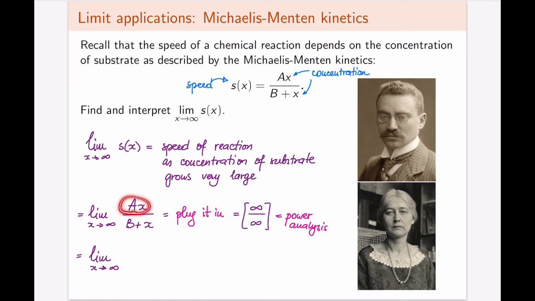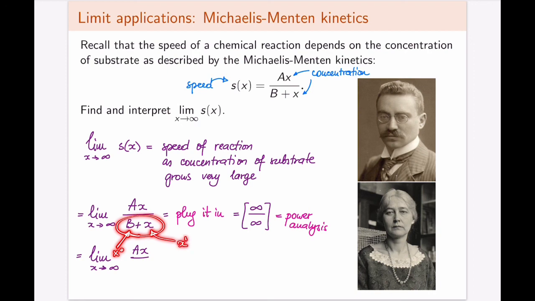On top, remember, with Hill functions, we don't have a choice. ax is the only term, so for large values of x, ax approaches ax. But on the bottom, we have two different terms. For large values of x, large powers of x will dominate, and this b being a constant corresponds to the power of x being 0, whereas this x being x corresponds to power of x being 1.